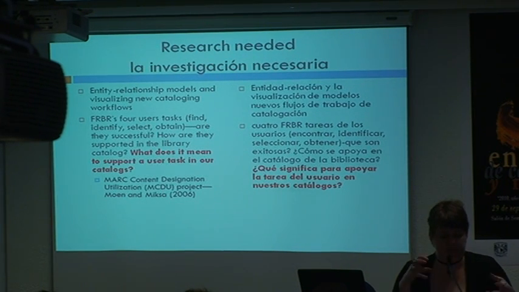We literally took them apart, field and subfield, down to the very smallest subfield. We wanted to get an idea of how a cataloger utilizes MARC, how they support these tasks. And I think the one question we ended up with is, what does it mean to support a user task? We have to answer that first, I think.